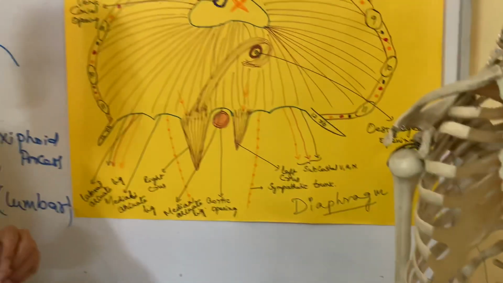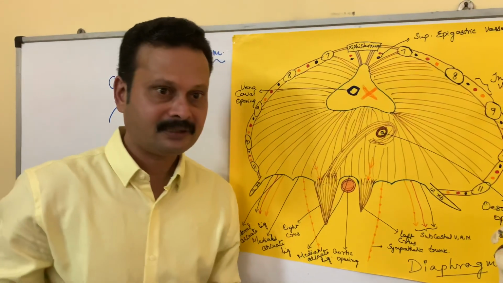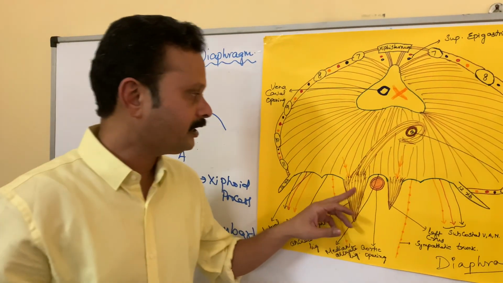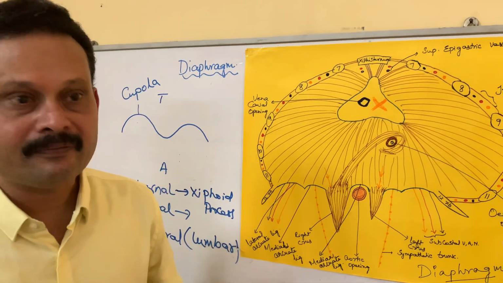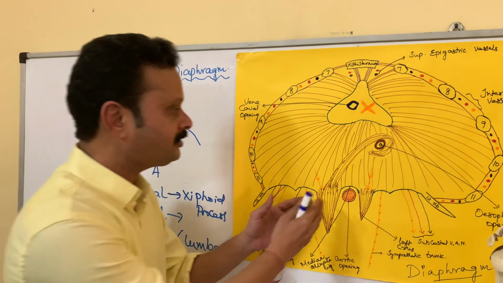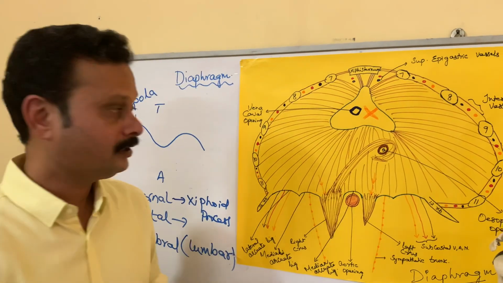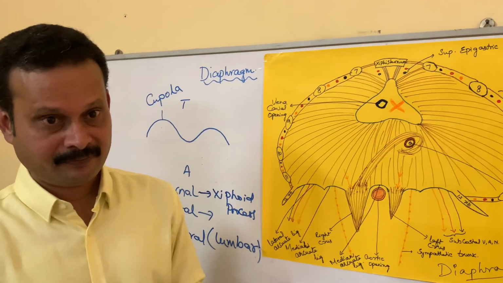This right crus is larger than the left crus because it has to displace a heavy organ like the liver during inspiration. That's why it is larger and more fleshy than the left crus.